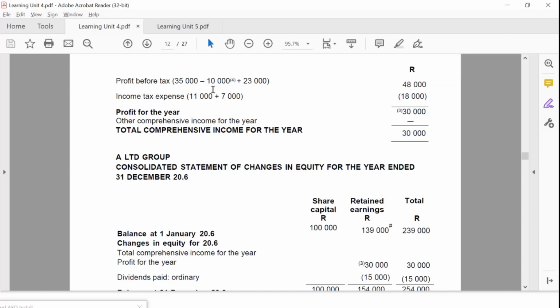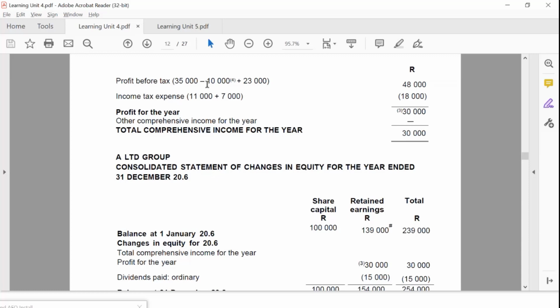The only difference comes about on the 10,000, because you are not going to receive all the 10,000. A part will go to you. Maybe if it's an 80% shareholding, only 8,000 will have been included in the 35. So you only subtract 8,000. But other than that, everything will be the same.